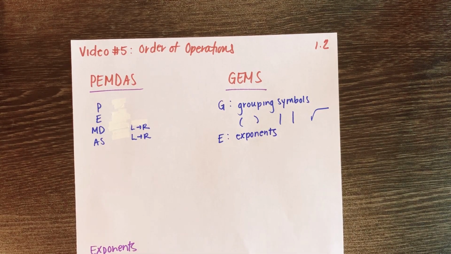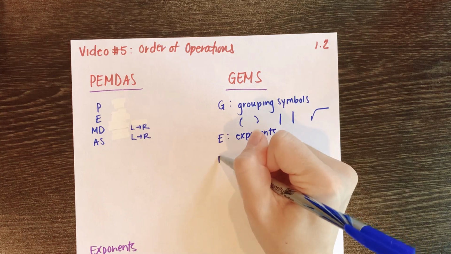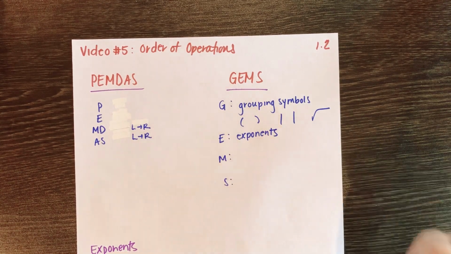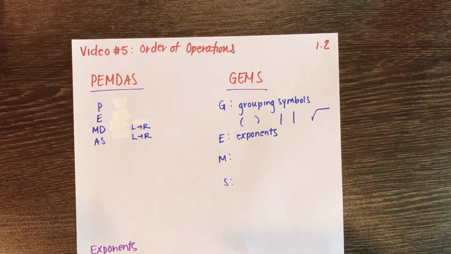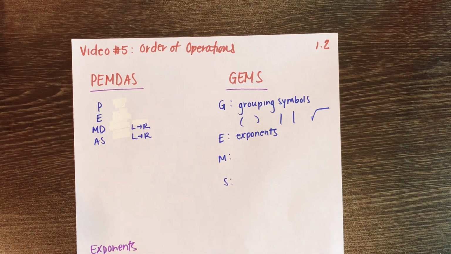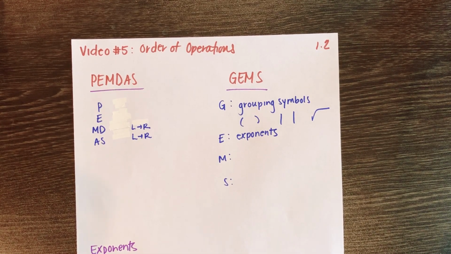Of course, your E is for exponents. And then I like the fact that it only has the 2 letters remaining, because this will help you to remember that it's left to right. Because essentially what it's saying is you're multiplying. Division is the same as multiplying, right? If I divide by 2, that's the same as multiplying by 1/2.